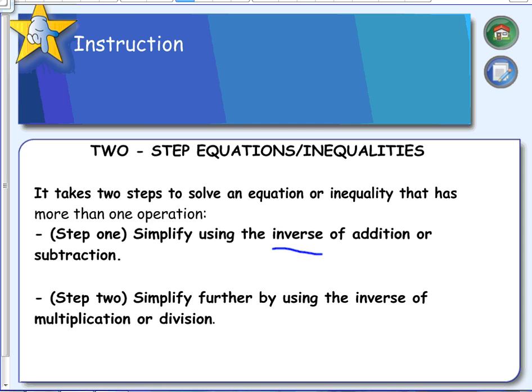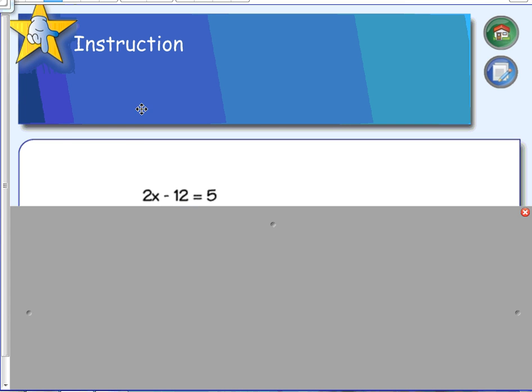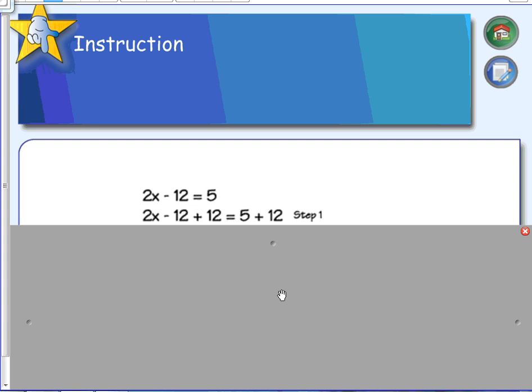All right, so we're just going to go through a quick example here. We have 2x minus 12 equals 5. Our first step, as I said before, is to do the addition or subtraction part first. We have 2x minus 12, so the inverse of subtracting 12 is adding 12.